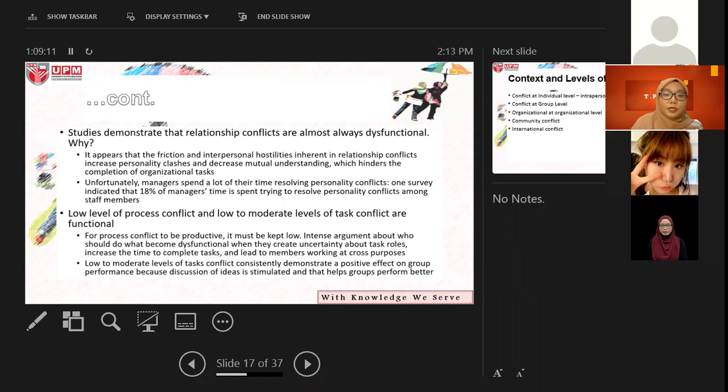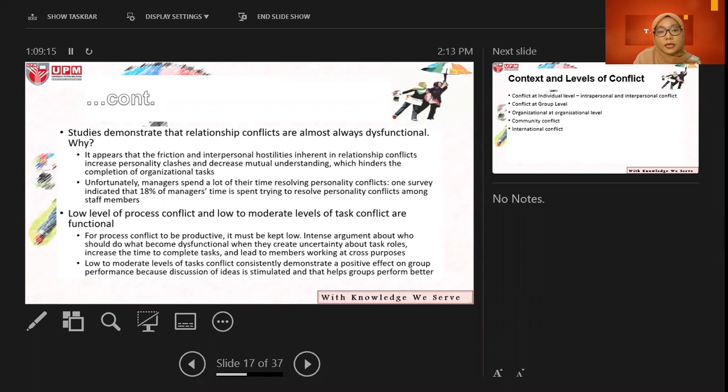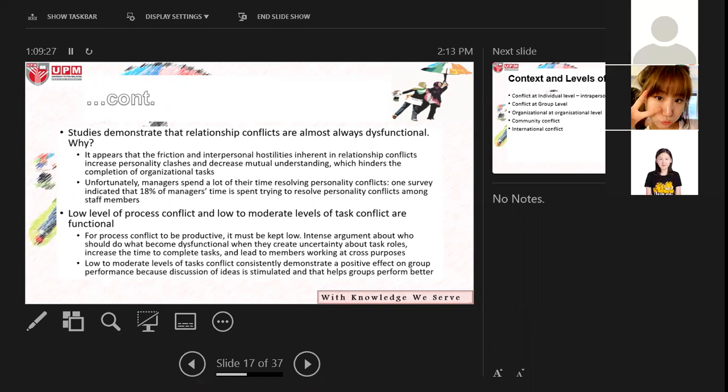It appears that the friction and interpersonal hostilities inherent in relationship conflicts increase personality clash and decrease mutual understanding, which hinders the completion of organizational tasks. Sebab apa? Sebab relationship conflict most of the time happens due to personality clash. Perbezaan personality. Okay.